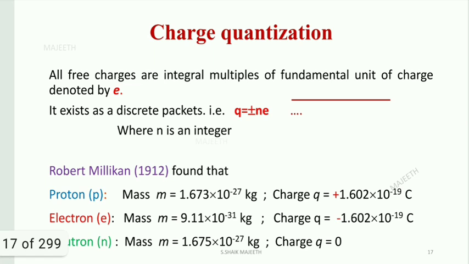People know about charge. Then they asked the question, what is the smallest amount of charge that exists in the world? This question was asked by many scientists. Then they concluded that all charges can be expressed as an integral multiple of the fundamental unit of charge e.